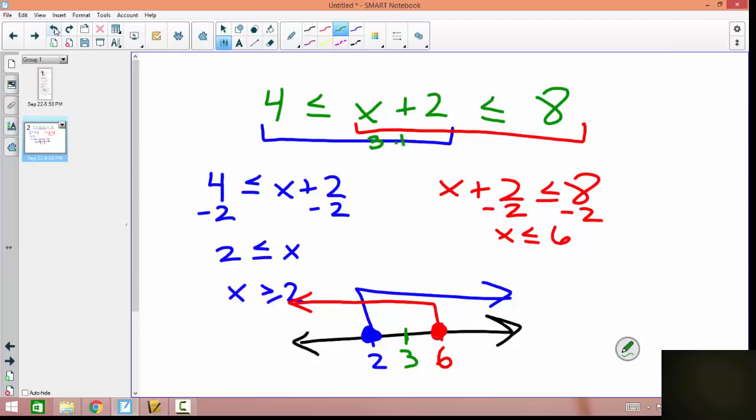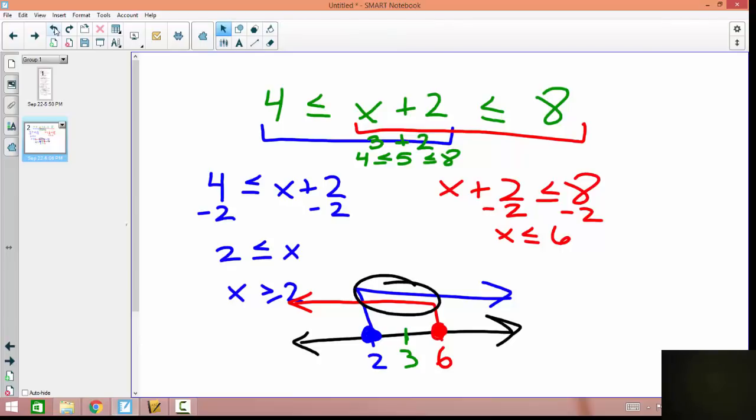So 3 plus 2 is 5. Is 4 less than or equal to 5 less than or equal to 8? Yes, that is true. So this area would be a solution whether this is an "and" or an "or."